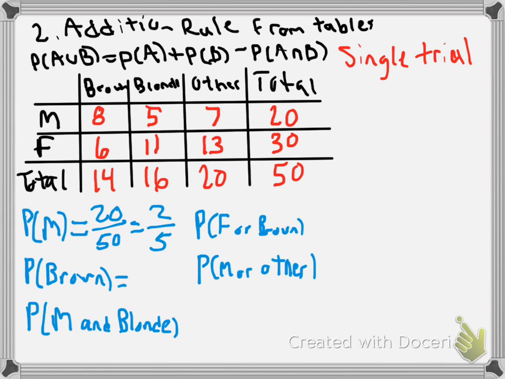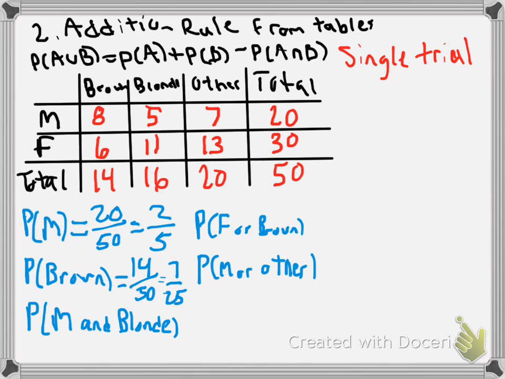Well, it looks like if you go down the brown column, there's a total of 14 people with brown hair, and out of 50. So 14 out of 50 will reduce to 7 out of 25. Okay, so both of those examples, those first two, are really from 5.1. They're just simple probability questions. What's the number of ways it can happen out of the total?